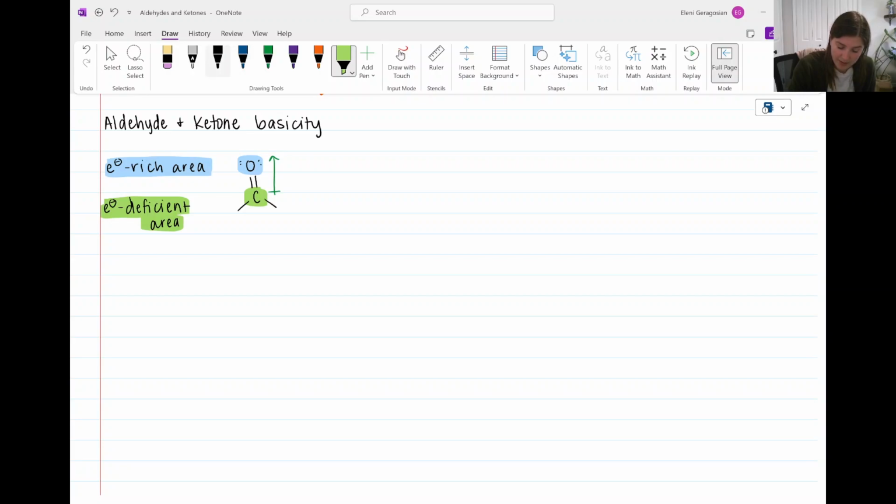All right, so if we have an electron-rich area, that oxygen has non-bonding electrons.